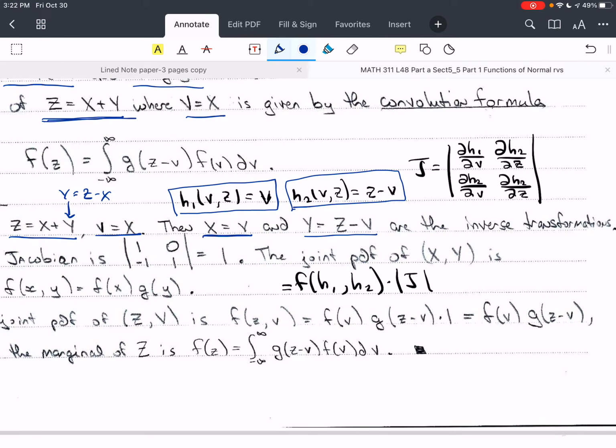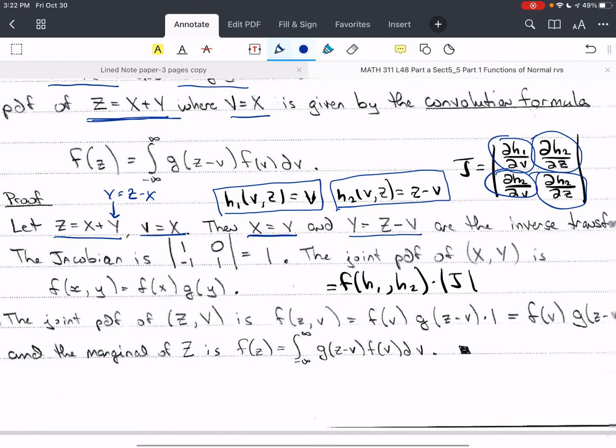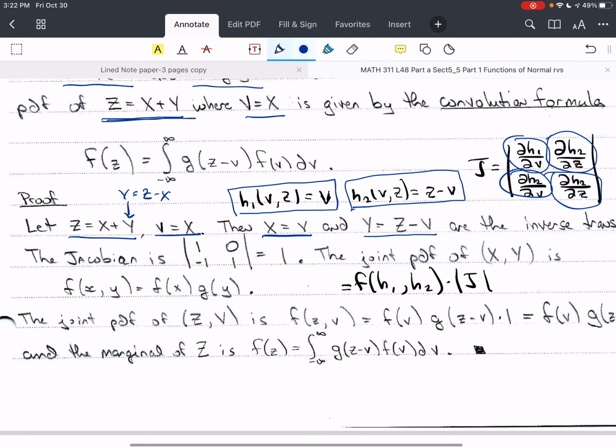So the Jacobian is the determinant of the matrix given here, where we take the partial derivatives of h1 with respect to v, and then with respect to z, and then h2 with respect to v, and h2 with respect to z. When we do this, you'll see that the partial of h1 with respect to v is simply 1 because it's just v. And there's no z in this function, so the partial with respect to z is 0.